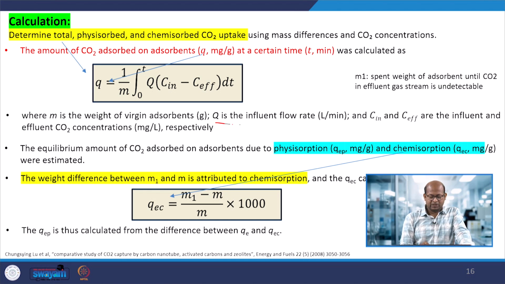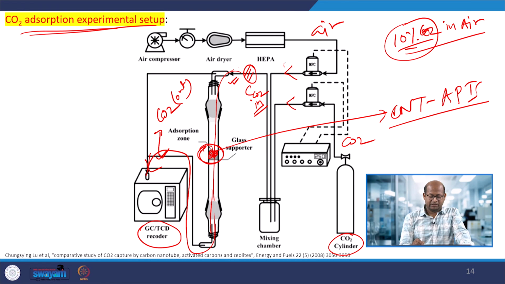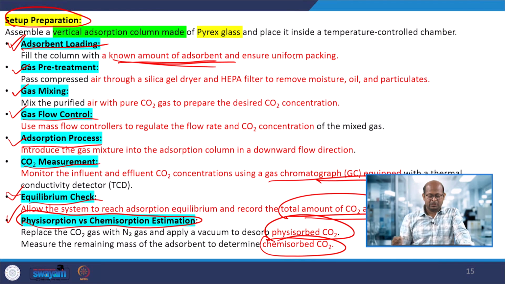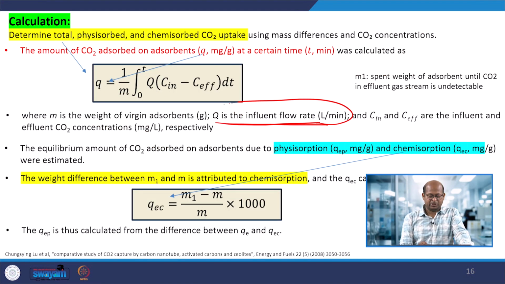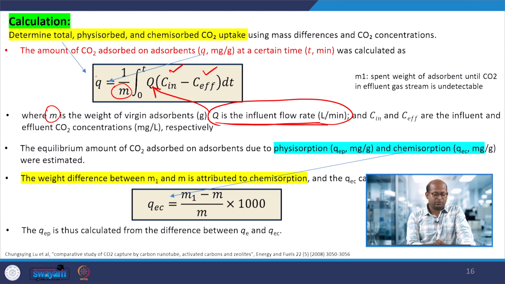Capital Q is the inlet flow rate of the gas, which we can maintain in liters per minute. Here is the inlet concentration and this is the effluent concentration of CO2, which we can measure with the help of GC. If the known quantity of adsorbent used is known, then we can quantify.